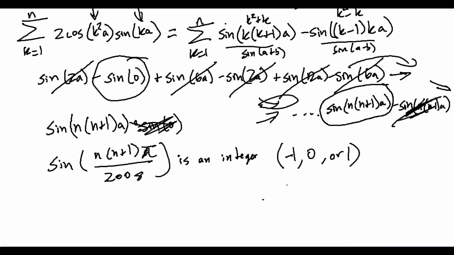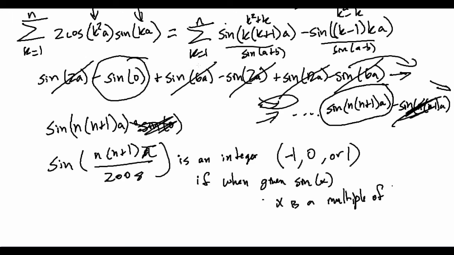Sine gives -1, 0, or 1 when the expression inside is a multiple of pi over 2.